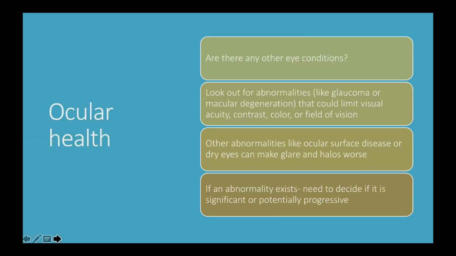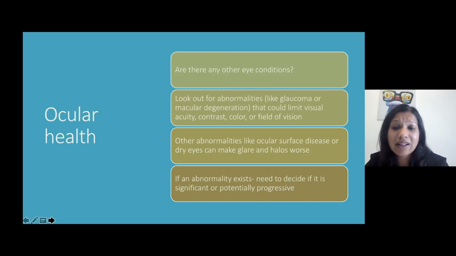But it could also, not only that, make some things worse. If you have any conditions that limit contrast or could already cause glare and halos, it could make those things worse if you put in a multifocal lens in an eye that has some of these abnormalities. So you have to be really careful about that. Other abnormalities to look for that could make glare and halos worse include any ocular surface disease or severely dry eyes.